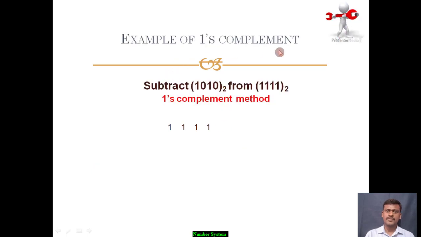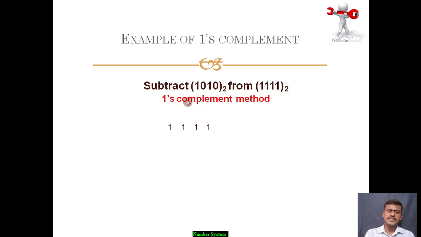So we will see this using the example now, an example of ones complement. We are going to subtract 1 0 1 0 from 1 1 1 1, using the ones complement method. The subtraction value, 1 0 1 0, the smaller value, needs to be first converted into ones complement.